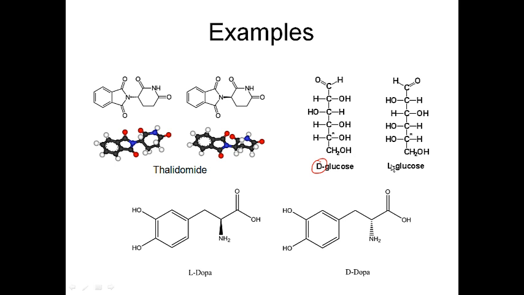Put in the unnatural L form, you get no fermentation. So these two sugars react completely differently with the enzymes in yeast. One gives fermentation, one gives nothing. If all the glucose in the world changed from D to L, we would be pretty hungry and probably dead, because we couldn't metabolize the L-glucose.